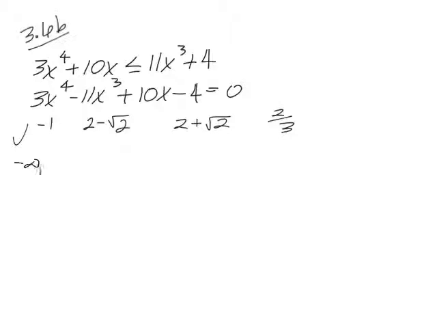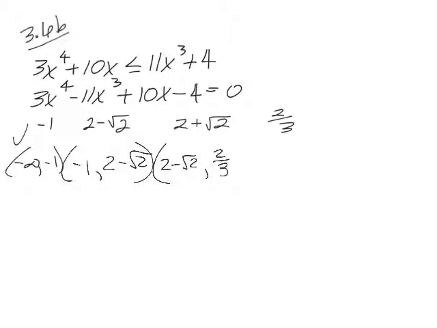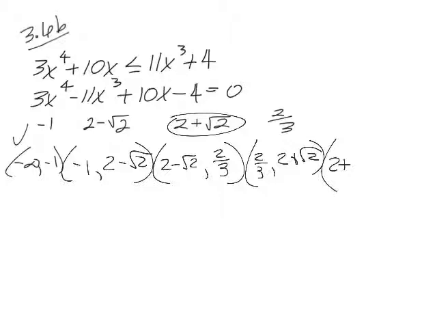We've got -infinity to -1, -1 to 2 minus square root of 2, 2 minus square root of 2 to 2/3, because we have to put them in order, and this is bigger than 2/3, so we have to put the 2/3 first, and then 2/3 to 2 plus the square root of 2, and then 2 plus the square root of 2 up to infinity. Okay, so those are our 5 intervals here.